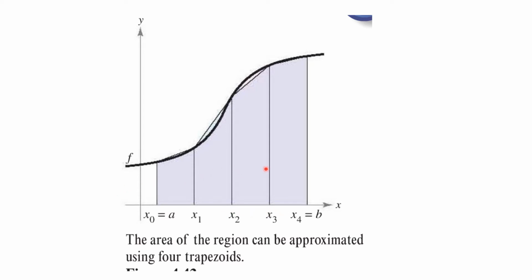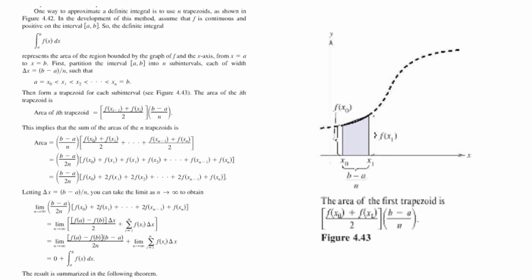So here we have 4 trapezoids. Now notice when we take the area of this trapezoid, we will have these two bases and the height. But when we go to the next one, we'll also have this base repeated, and a new base, and then the height. And over here, this base is repeated twice, but this one is only once. You'll see that in the formula.